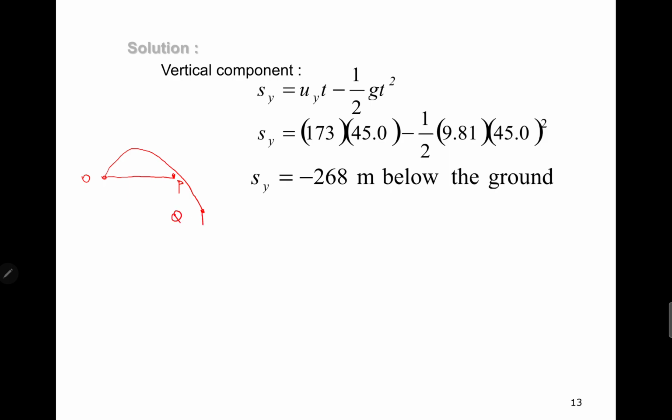For point Q, velocity y is downward, and this will be velocity x. From reference, this will be your new position. From reference O, this will be Sx, and this will be Sy. Sy will be negative because it is below the ground.